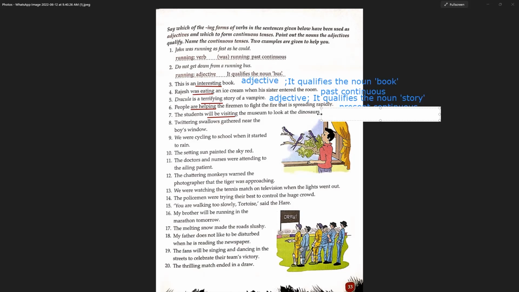Will be visiting, which continuous? Future continuous. Will comes for future. Right? Okay. Great job.